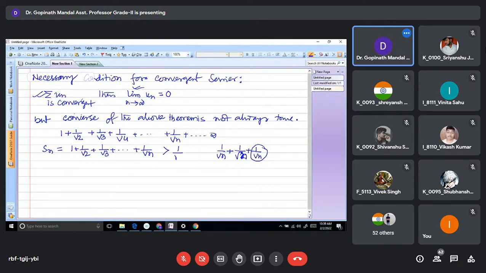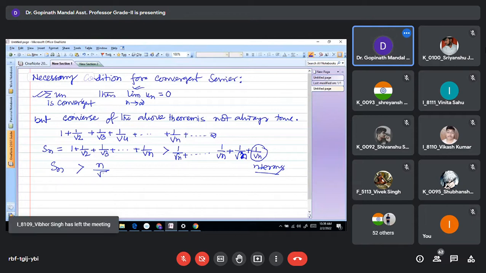So this is 1 by root n added up to n terms. That means Sn is greater than n by root n, that is, Sn is greater than root n.